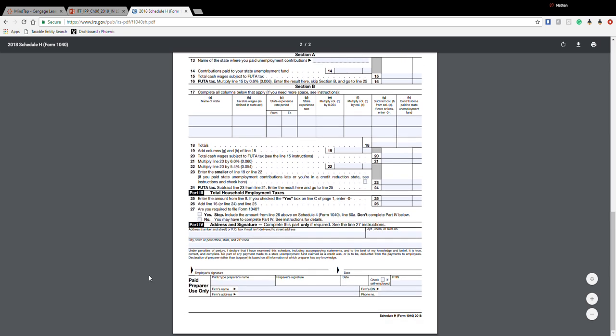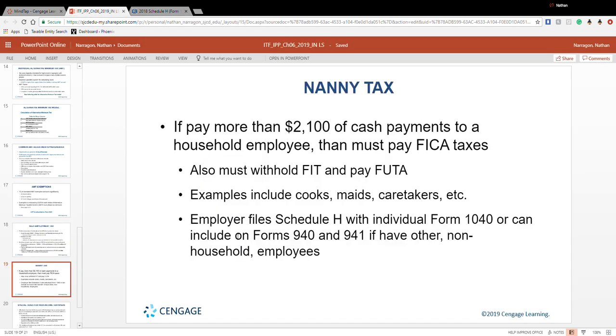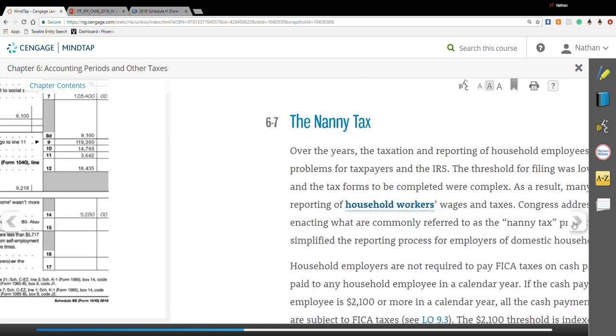So yes, unemployment does come in. This is more payroll-ish. So when you do your payroll taxes course, we'll get more into this stuff, how to understand everything that goes on right there. So again, basically know what a nanny tax is, what the Schedule H is, and probably how to calculate just a tad bit.